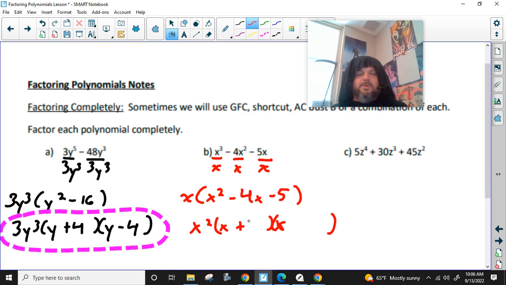All right. We know our signs are going to be different because this is a -5. Our bigger number is going to be negative. What two numbers do we multiply to get to 5?